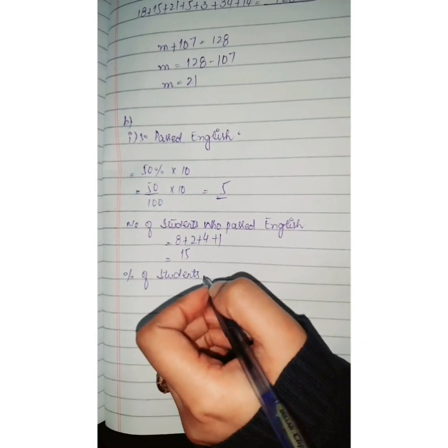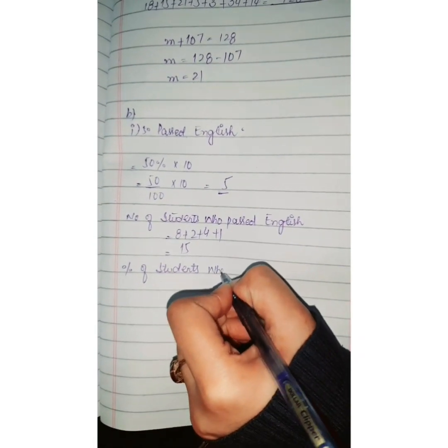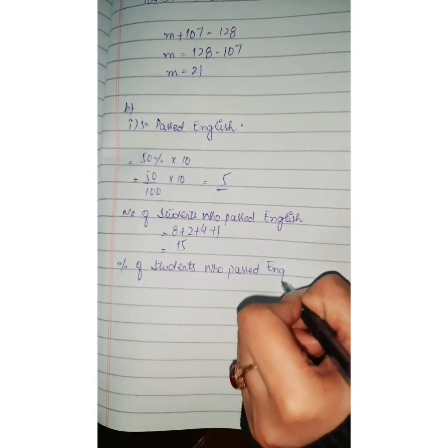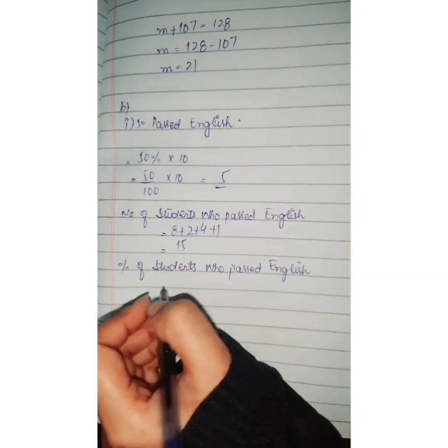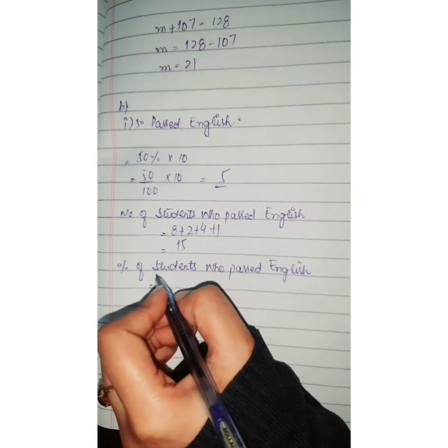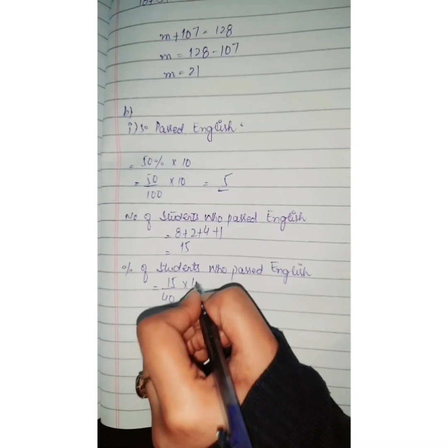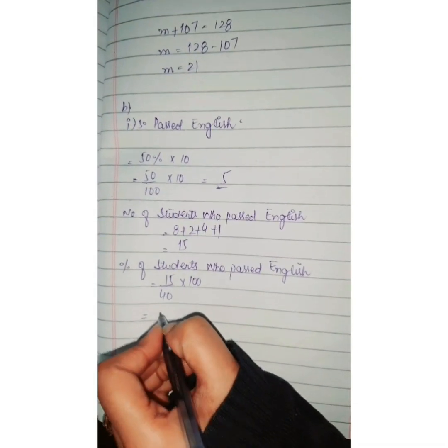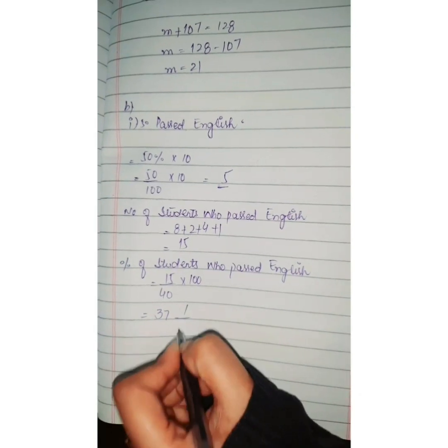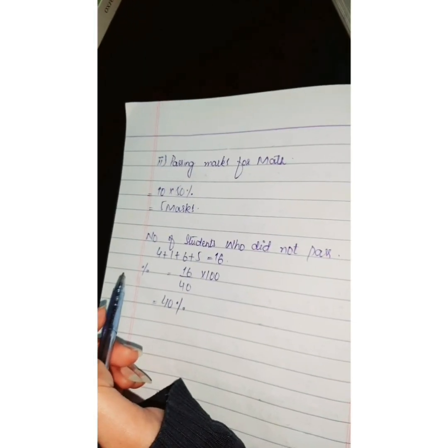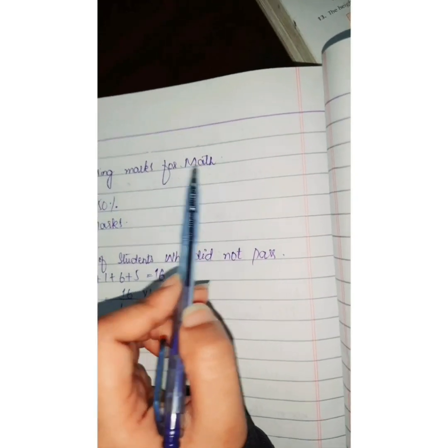When we get 15, we will find the percentage of students who passed in English. We will divide the number of students who obtained 5 or more marks by the total number of students. 15 divided by 40 multiplied by 100. After solving this, we will get the percentage of students who passed in English, 37 and a half, or 37 point something.